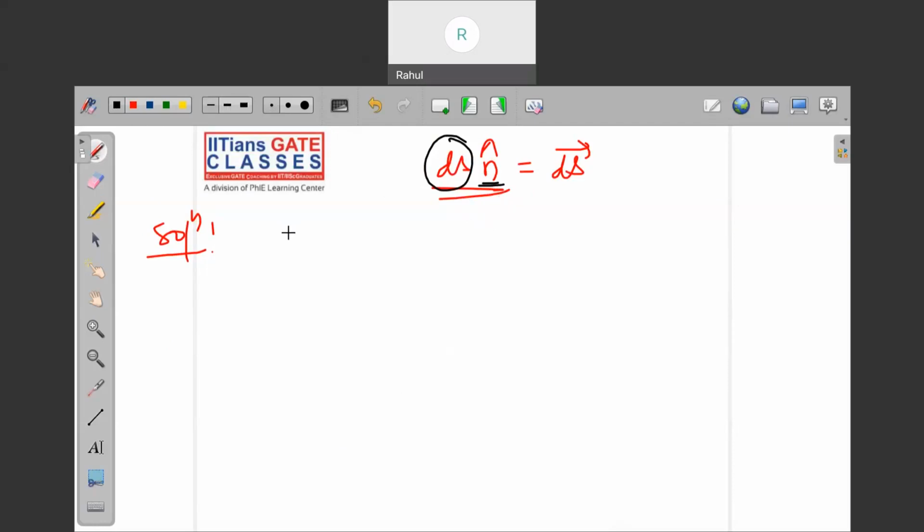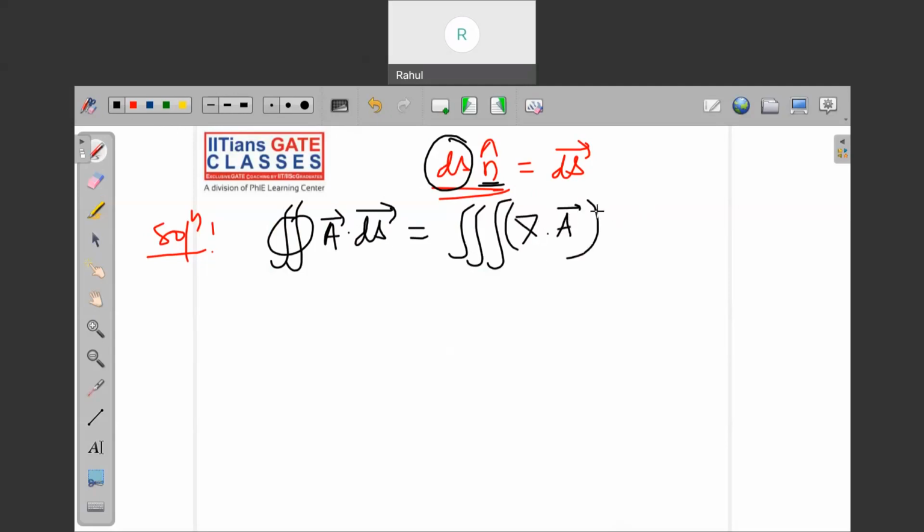So we know that the double integral A dot dS can be computed with the help of the volume integral, divergence of A dV. What is A here?